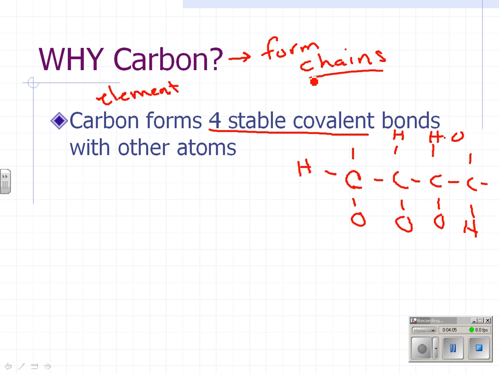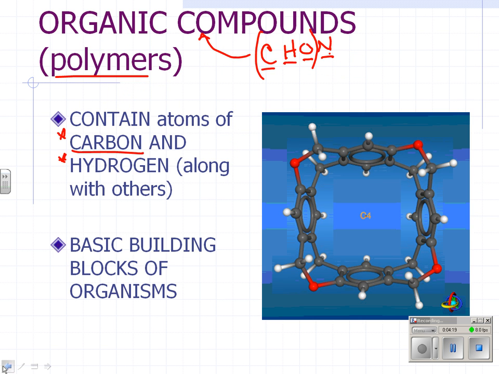Muscle has all these strings in it. Those are strings, those are chains of protein. Okay? Carbon can form four stable covalent bonds. This enables it to form chains, and structures like the one on the last page, this ring structure, which you can see looks kind of like a block.